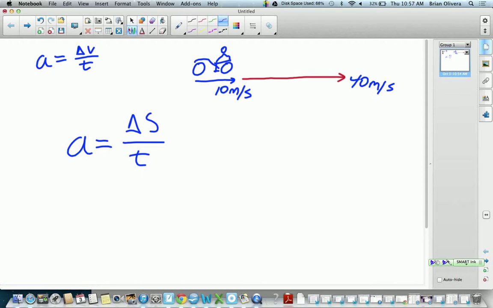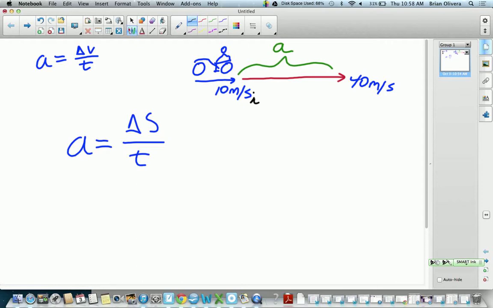So this period of time here where they were increasing their speed, where there was a change in speed, is going to be the period of time that acceleration occurs. The 10 meters per second, since this was the rate at which the acceleration started, is going to be our initial speed, because we were at 10 meters per second when the acceleration began to occur.